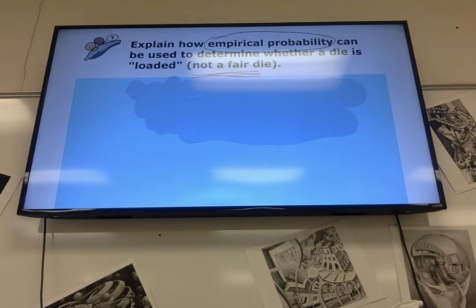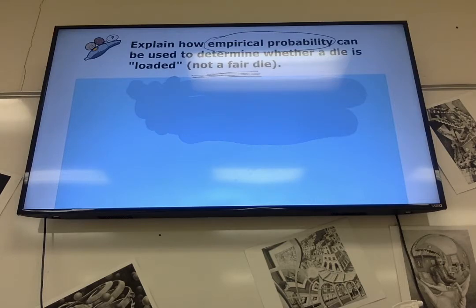So you'd show up with a bunch of 1s or a bunch of 2s. Inside a die are little weights, and it's supposed to be centered so that when you roll a die, it is just as likely to land on whatever side.